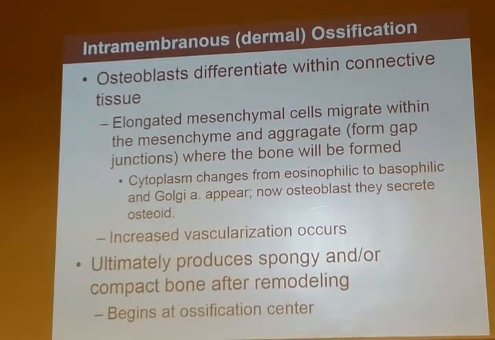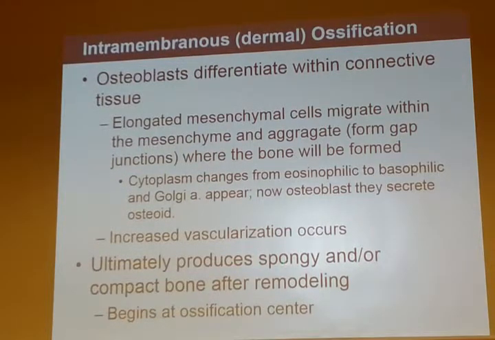As they secrete more osteoid and then calcify it, blood vessels can penetrate. So there'll be an increase in vascularization of that dermal bone. Ultimately, osteoclasts come in and break the bone down, and then the osteoblasts have to lay down the mature bone.